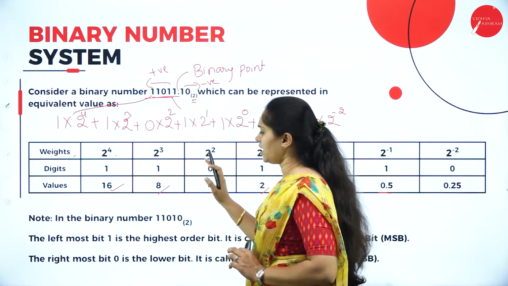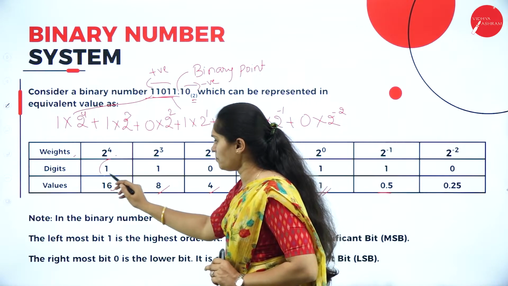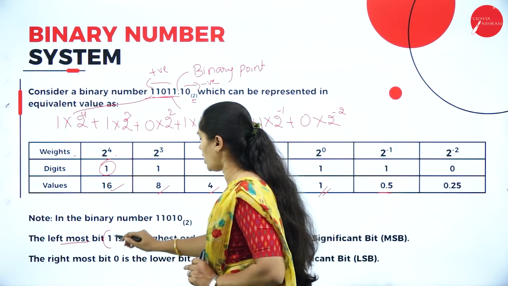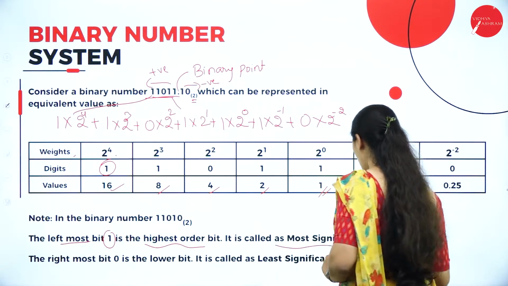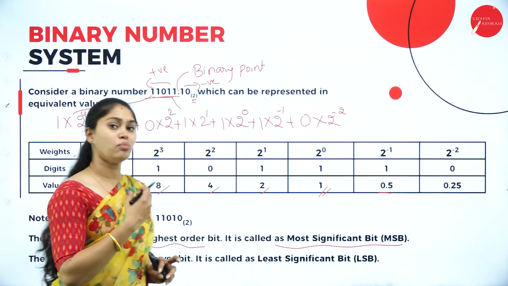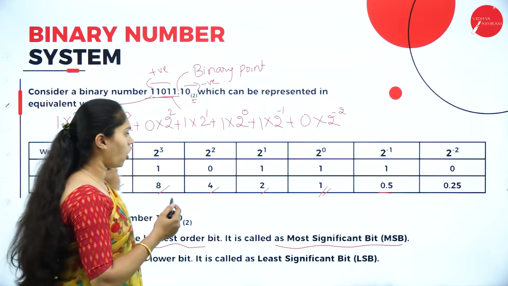After this, here you can see that in this binary number system we have the most significant bit, that is the leftmost bit. The 1 will be considered the highest order bit, and we call this the most significant bit, or in short MSB, which has more weightage. So here you can see that 2 power 4 is greater than all these others.